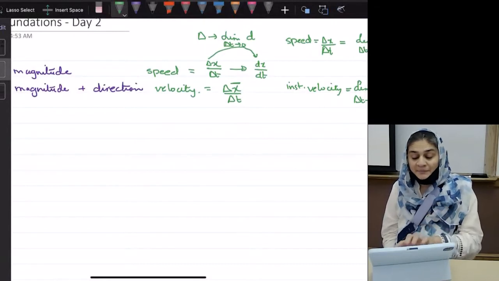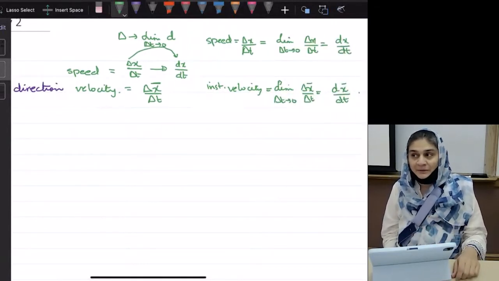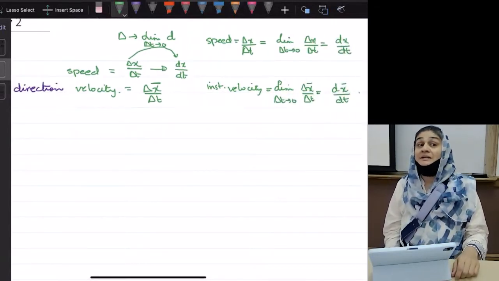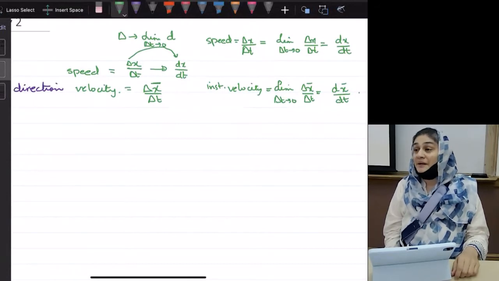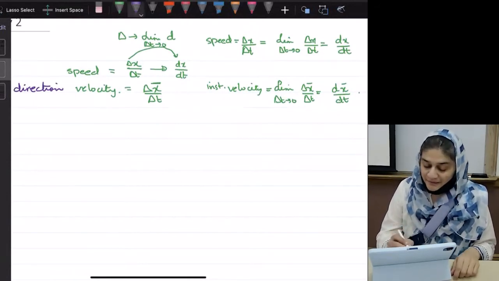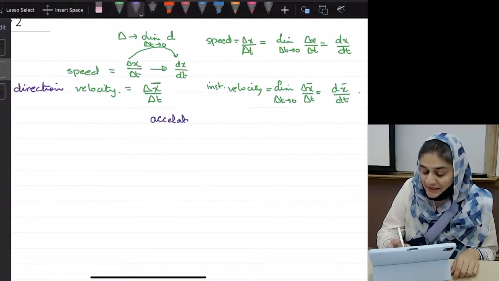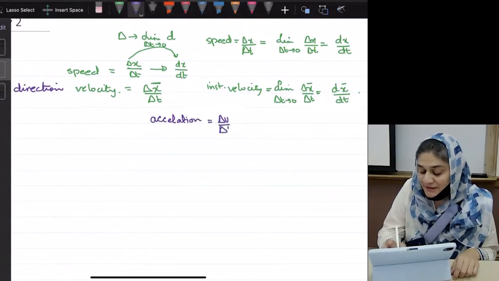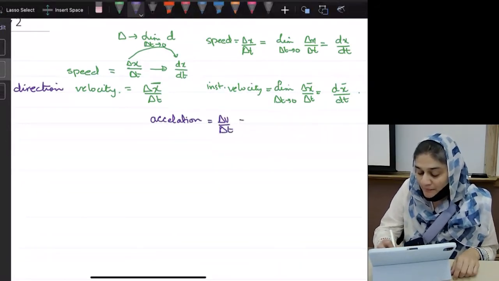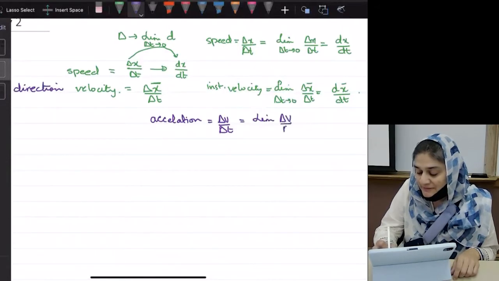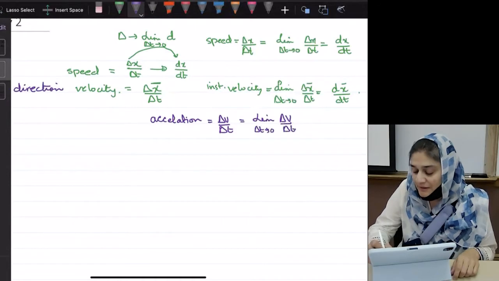By the way, if this is velocity, how will we define acceleration in this class? Yes, so the way we define acceleration in this class, or instantaneous acceleration, will be dv over dt, where delta t goes to 0.